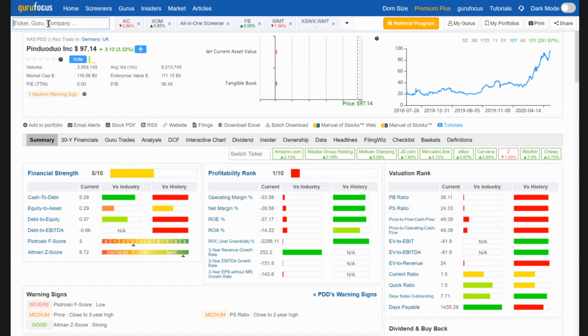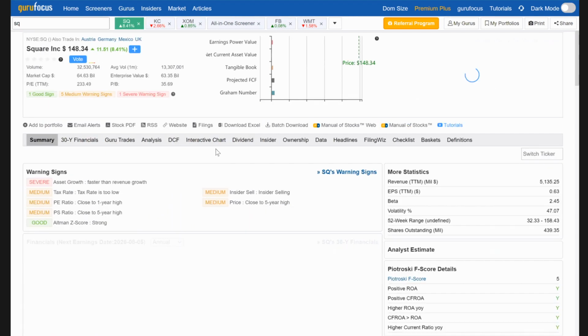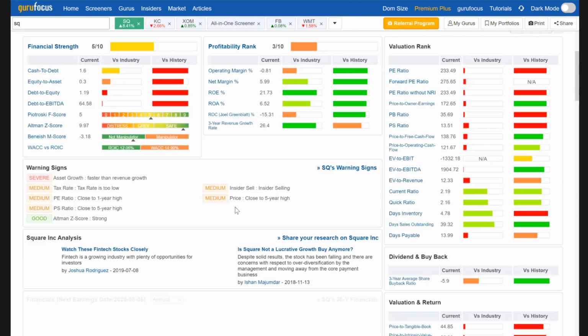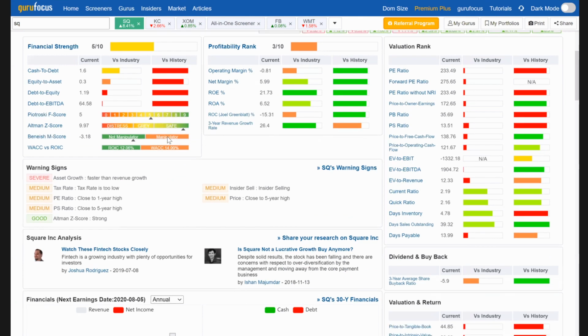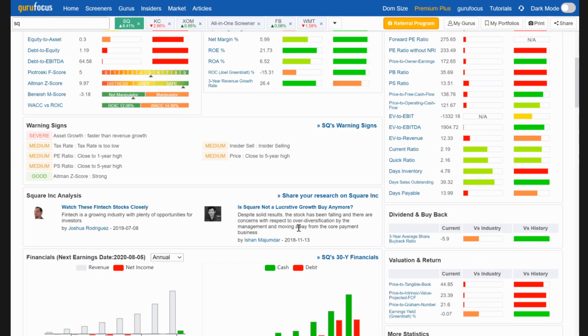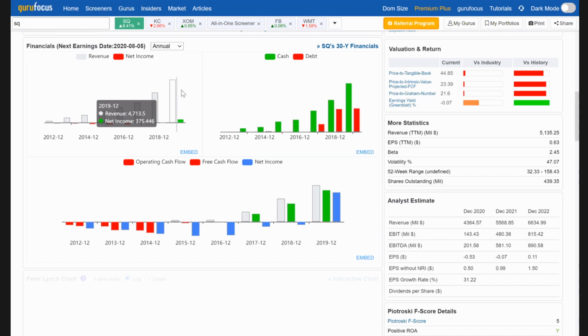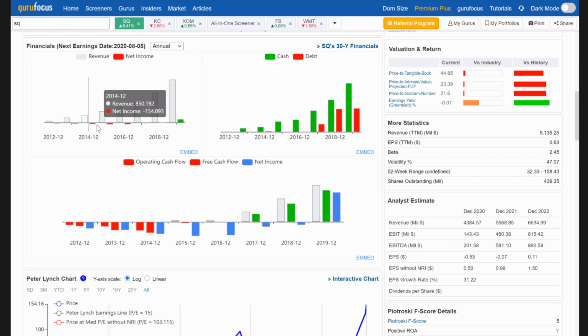Another company I mentioned is Square. Square is an example here. We have pretty poor financial strength and profitability rank ratings for Square. But for Square, you can see the revenue grows so fast, and the company was losing money. Then it started to lose less and less.